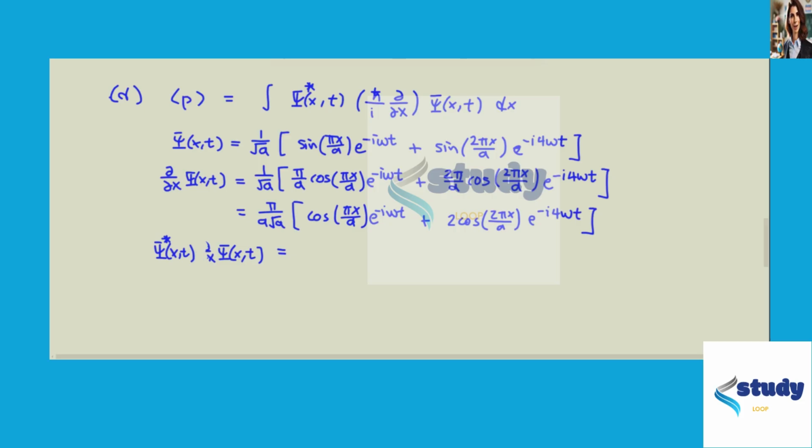Before that, let's just write down the complex conjugate first.